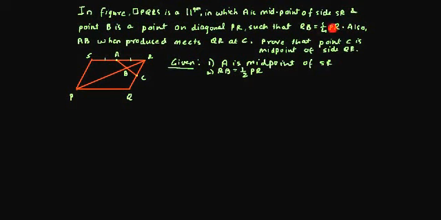It is given to us, and we have to prove that C is midpoint of RQ. That is RC is equals to CQ. That is what we want to prove.